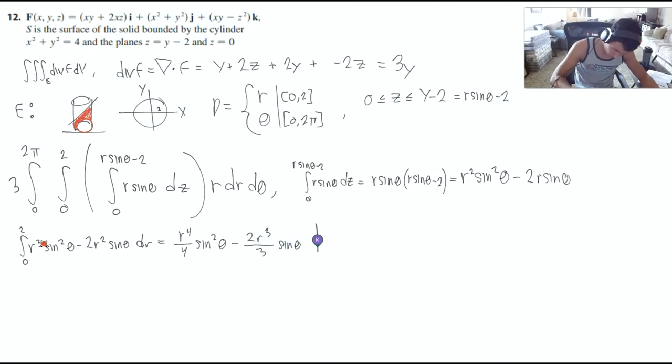And then we're going to insert 2 and 0. Now, 2 to the power 4 is 16. 16 divided by 4 is 4. So we have 4 sine squared theta.